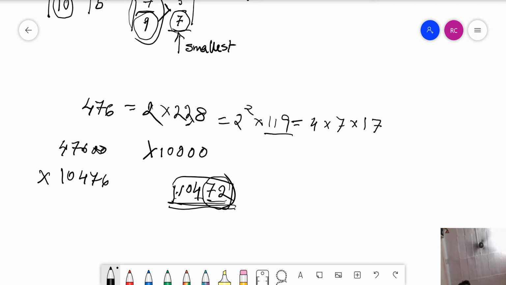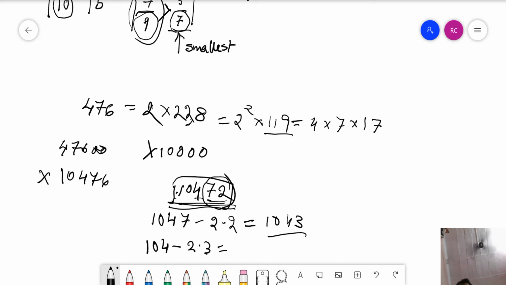So what you're basically saying is 1047 minus 2 into 2. How much does it make? 1043. Does it divide 7? Again, 104 minus 2 into 3, 98. Does it divide 7? Yes. So this is divisible by 7.